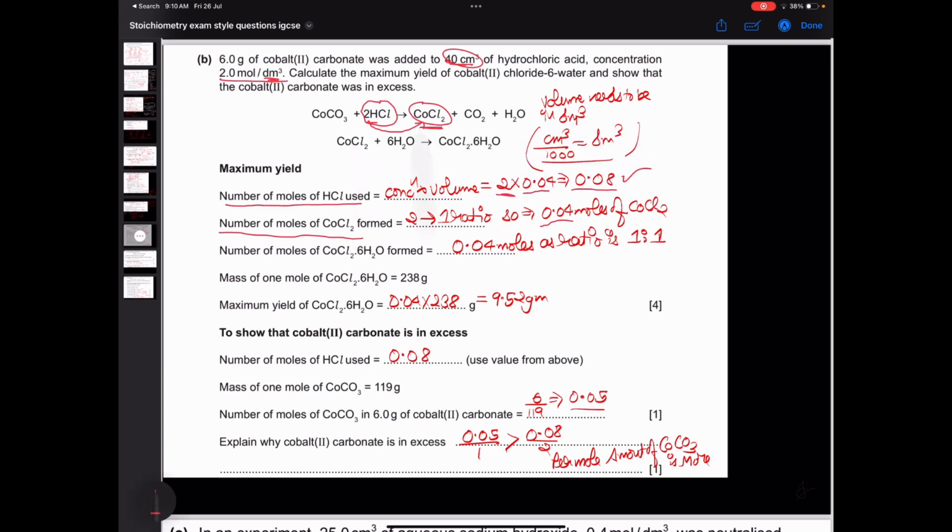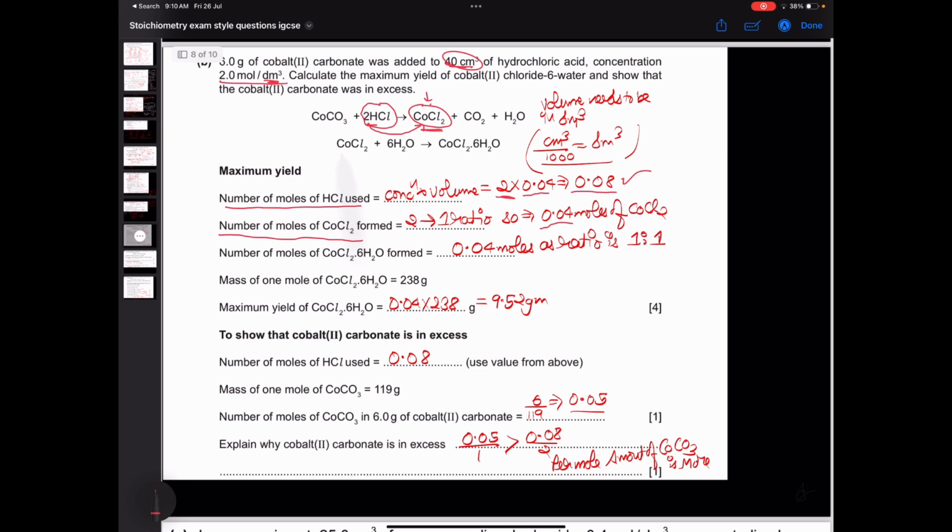Now the same COCl2 is used here. So how many moles is it here? 0.04. Now check the ratio between this COCl2 and the hydrated COCl2. 1:1 ratio. So the moles will be same. They're asking you moles of hydrated cobalt chloride. The moles are the same as the ratio is 1:1. Got it?